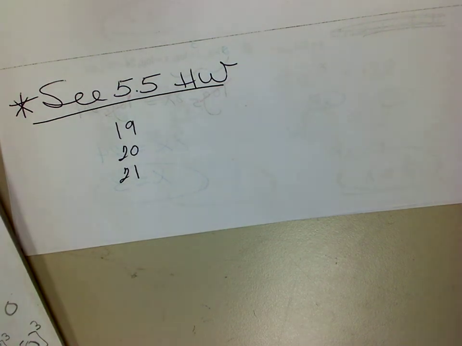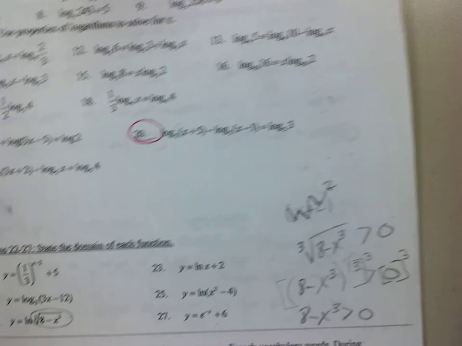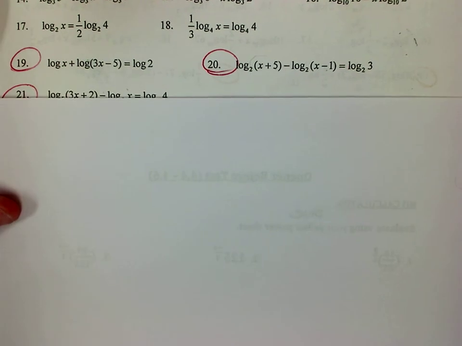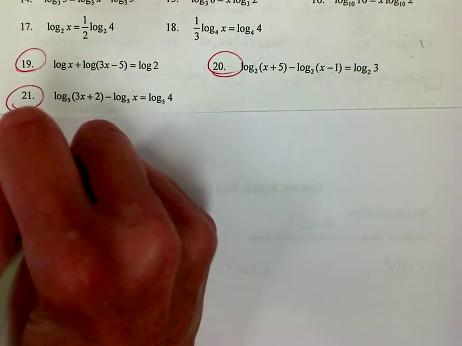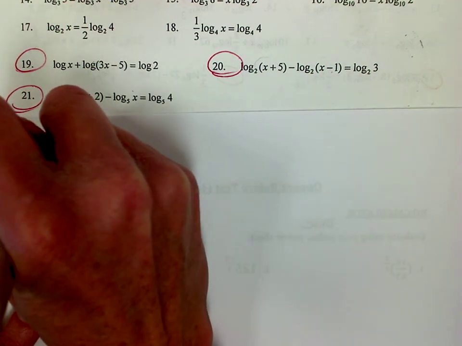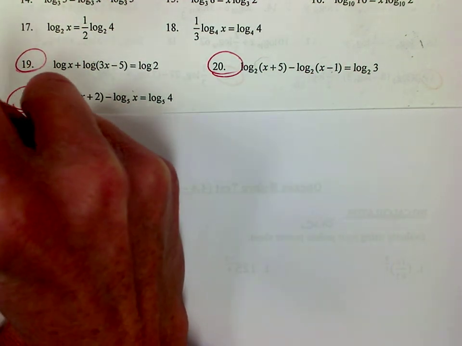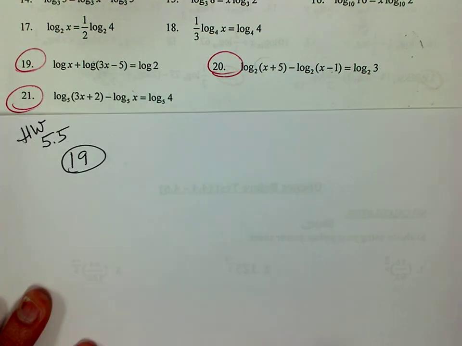Okay, I'm back. All right, let's see. Number 19, I circled the ones that were kind of different. So I'm just going to help you maybe set these up. Number 19, the first thing I want to do is condense.